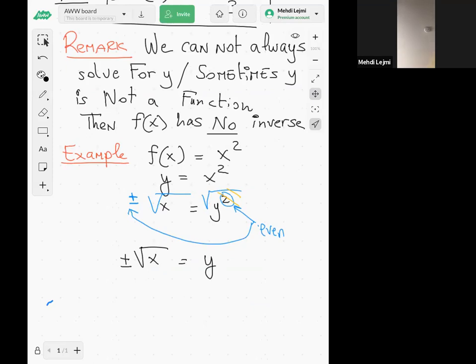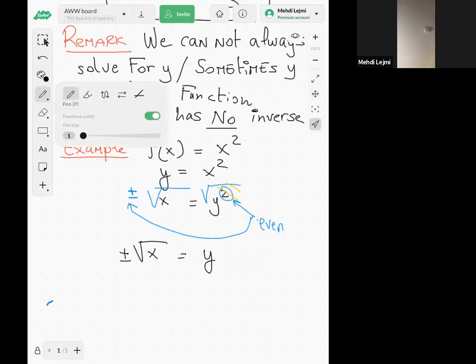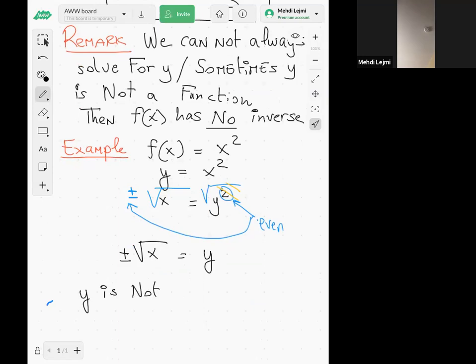So your y is not a function of x, because there are two possible outputs.